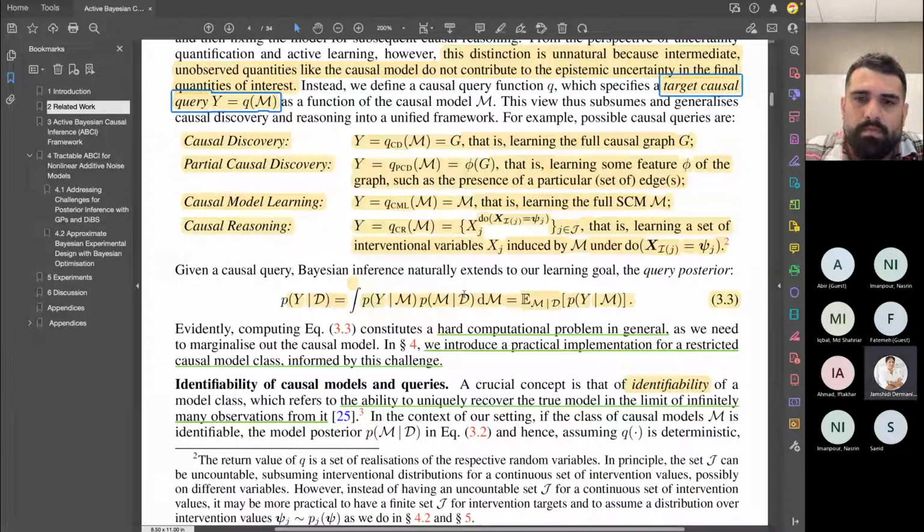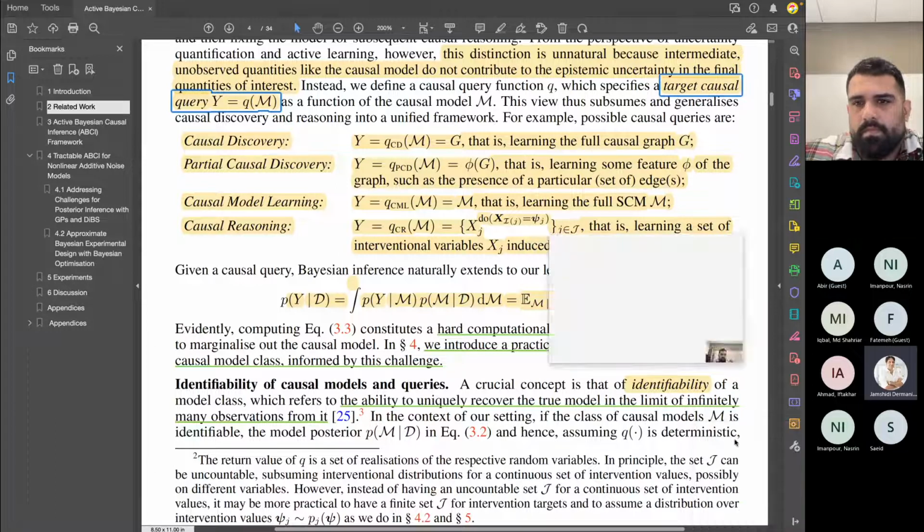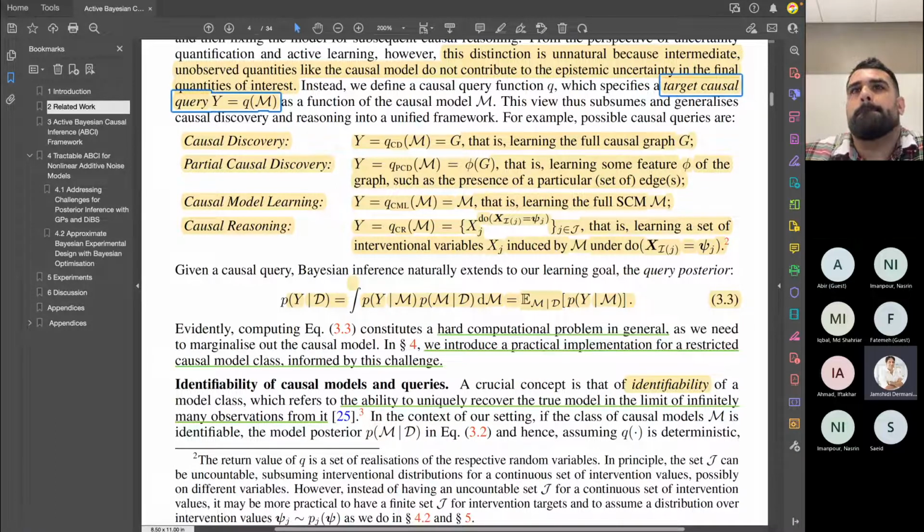He has a similar setting where he learns a causal performance model, but the goal is to optimize performance, so it is causal reasoning, the last scenario of the causal queries. But I was wondering, how are causal discovery and causal model learning different? Is just the representation different between these two types?